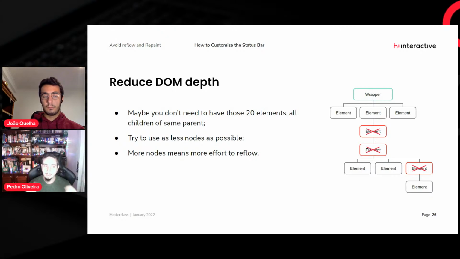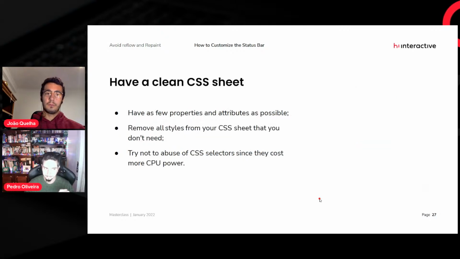Remember to try to use as few nodes in your tree as possible, because this means that if you request a repaint, for example, and a repaint or a reflow needs to run through your component, it's better for the browser to go through 5 elements instead of going through 20 elements. Okay, it's less consuming for the CPU naturally, and also for the GPU in certain scenarios.